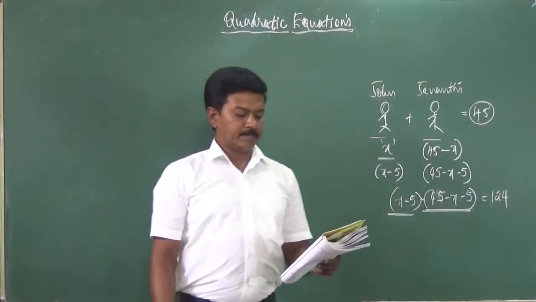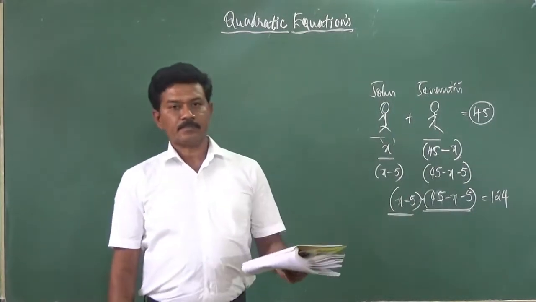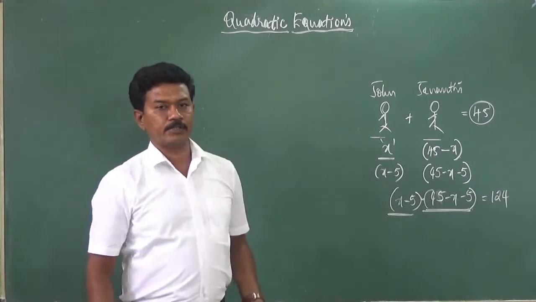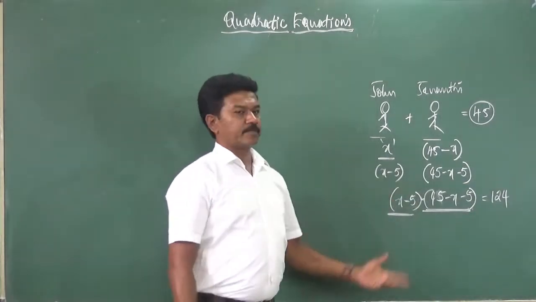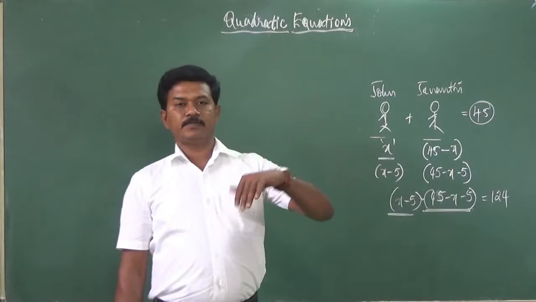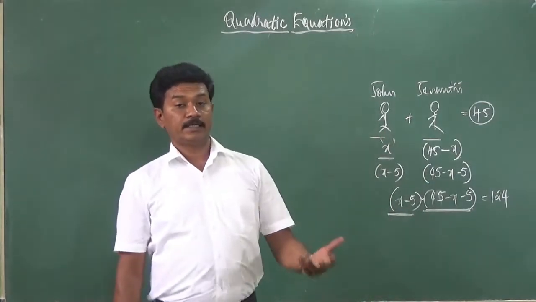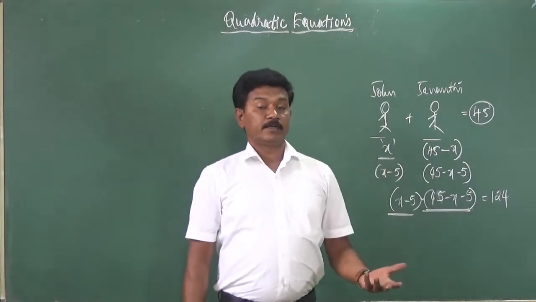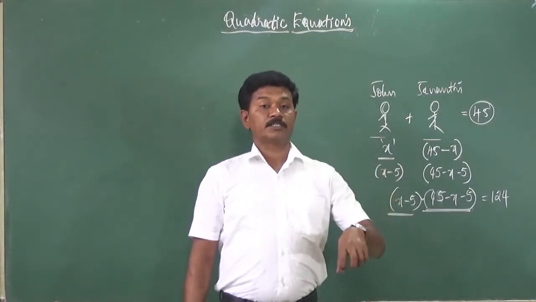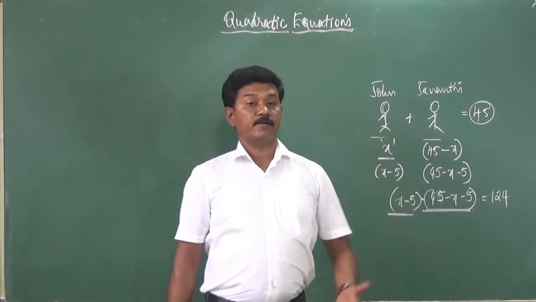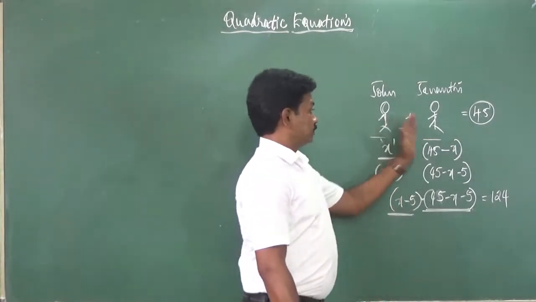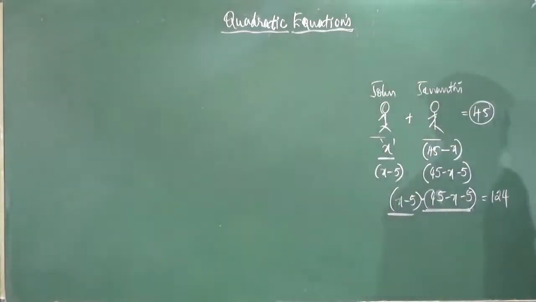So find the number of marbles with John and Jivanti. This is the question here. You have to find the actual number of marbles which was with John and which was with Jivanti earlier, before they lost the 5 marbles. Alright.